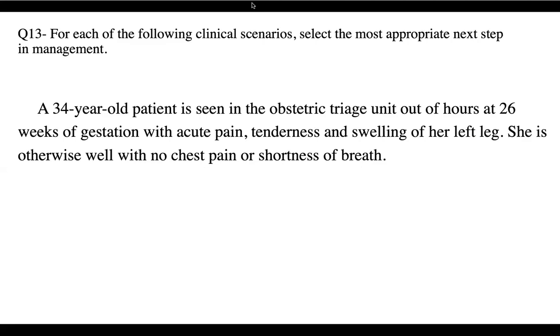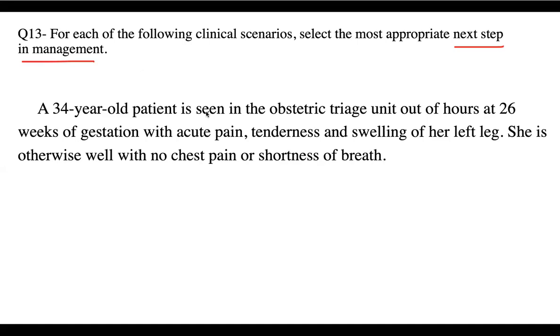Yes, correctly. So the question here, my friends, is what is the difference between the next step in the management and the recommended investigation? The next step in the management usually will be the one last step before you commence the appropriate management.